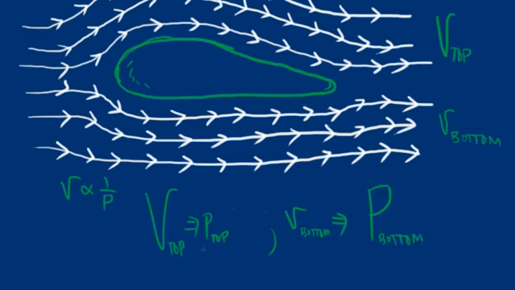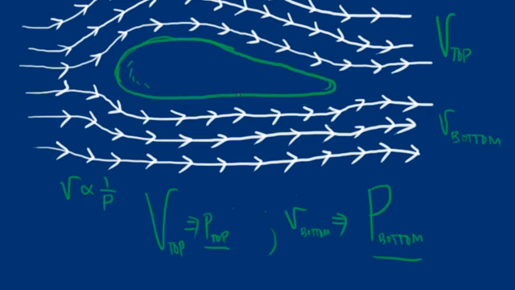Now, this difference in pressure at the top and at the bottom of the aircraft provides the lift needed to lift the aircraft. As we all know, the higher the pressure, the greater the push. Now, let me choose a different color.